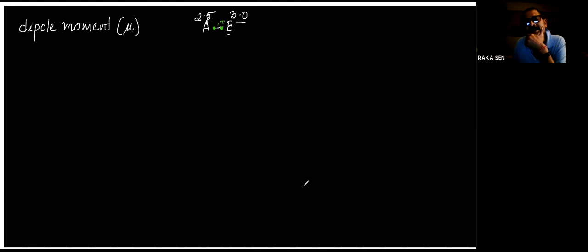That means under these circumstances, some of the electrons which originally belonged to A have now gone to B. So A will be electron deficient and B will be electron rich.